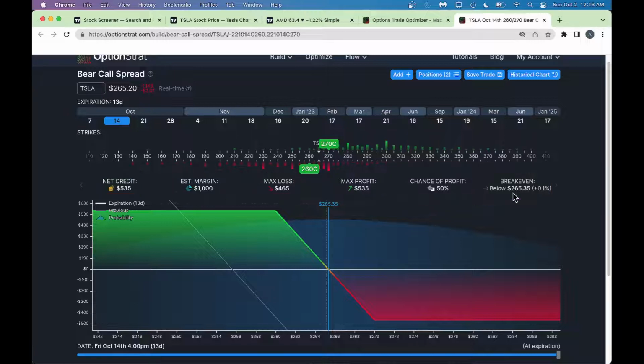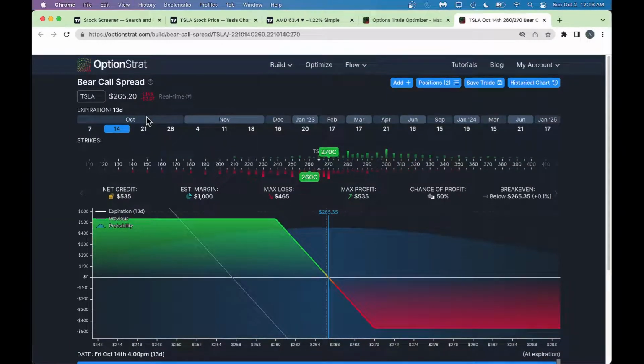And one more thing I love about this option strat is, look, they got these lines here. We got a nice red line that tells you there is a nice put volume at these levels, and we got some nice big line here that tells you on the call side we got nice volume. So the moment you know this, you kind of get an idea.